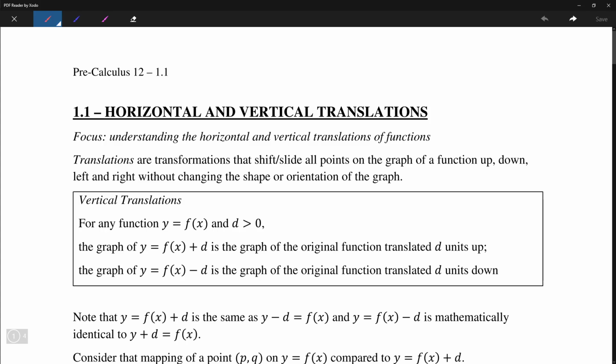An example of this would be y equals x squared, which of course is the standard parabola. If we compare that to y equals x squared plus 4, the second graph would have moved 4 units up.